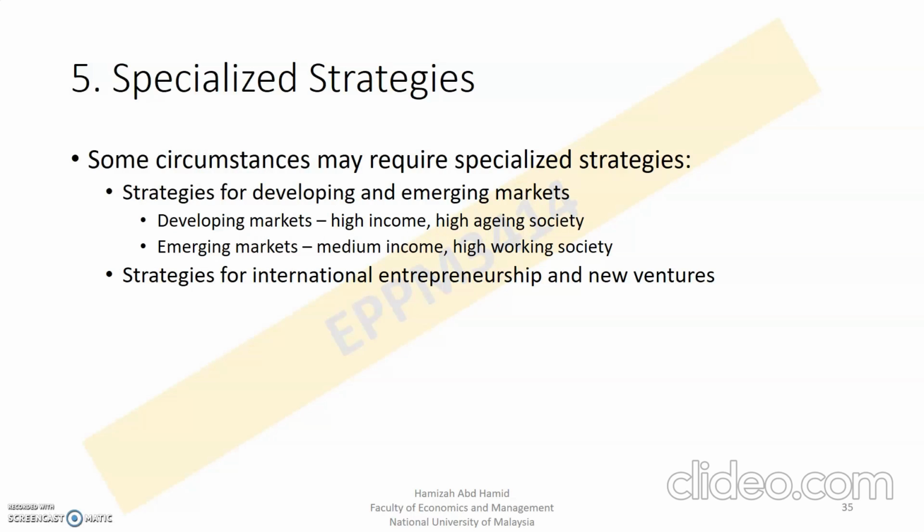Developed markets have high income, but they have a highly aging society. So the number of people who are working and earning is actually low. So what kind of opportunities are there for this type of market?